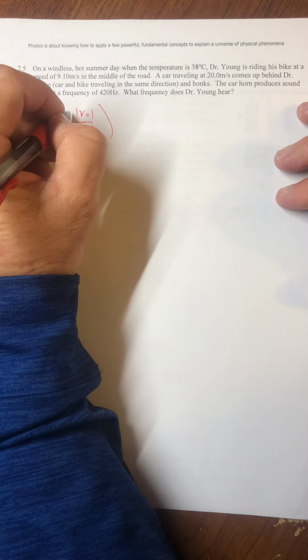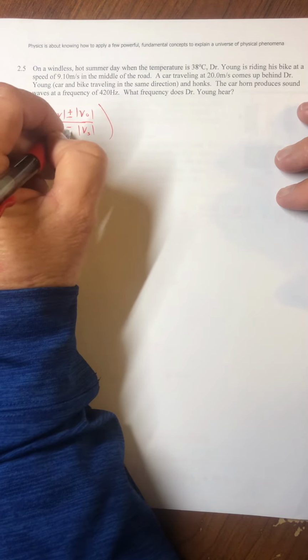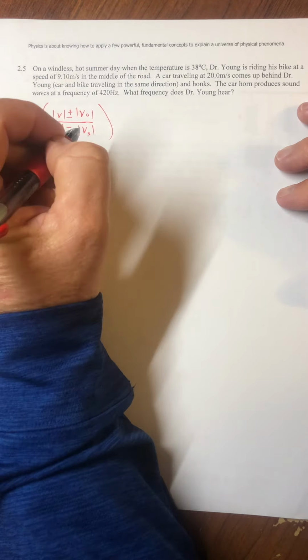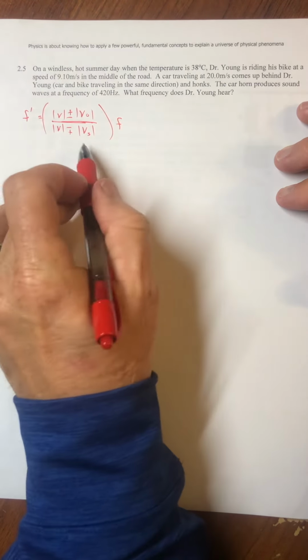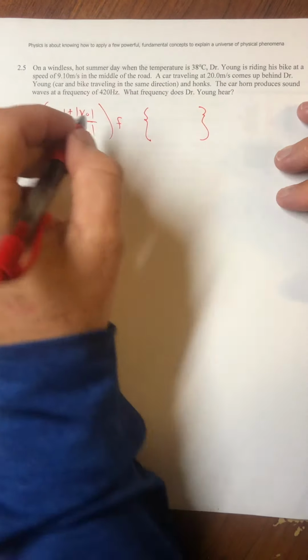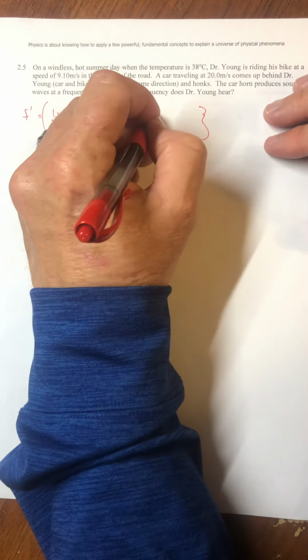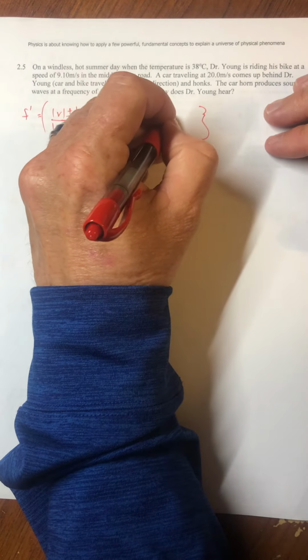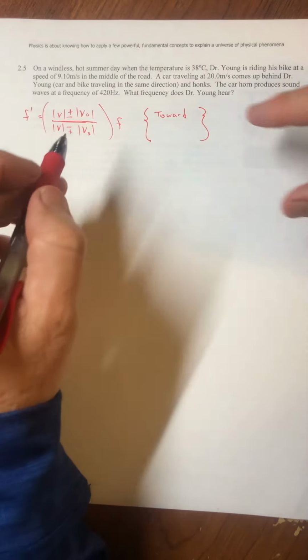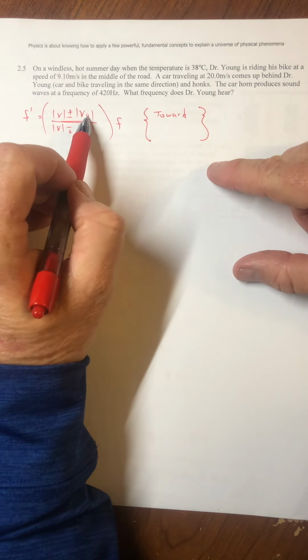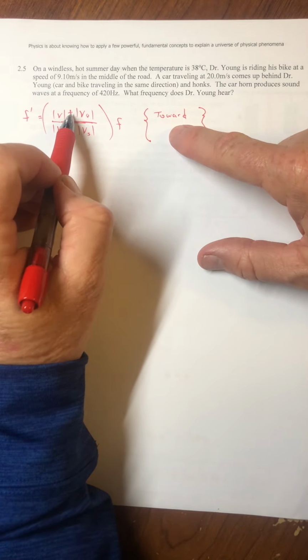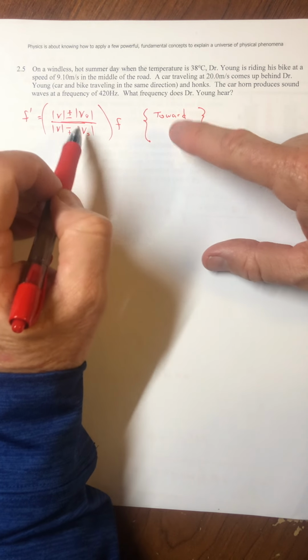And whether or not we add or subtract from the original frequency is why we have this little bracket thing, where we use the upper signs when they're moving toward each other. If the observer is moving towards the sound source, we use the plus sign.